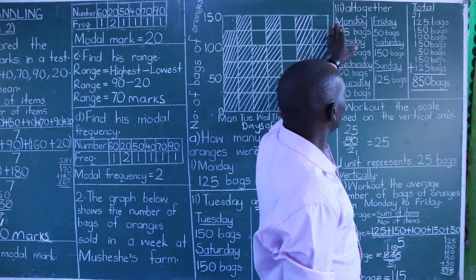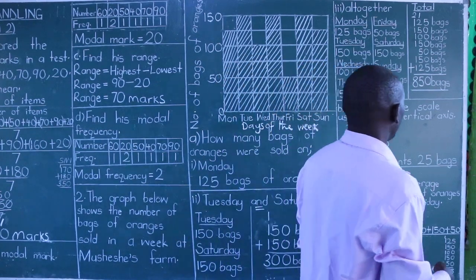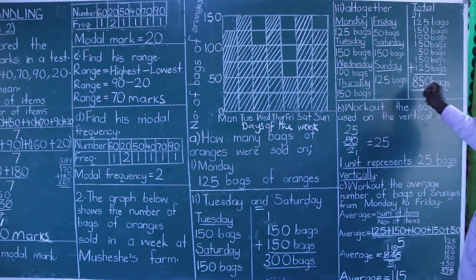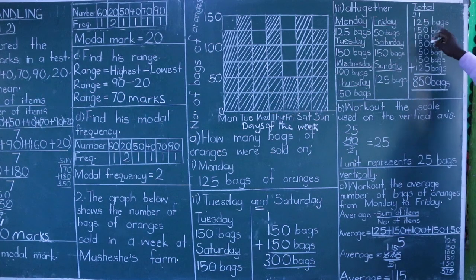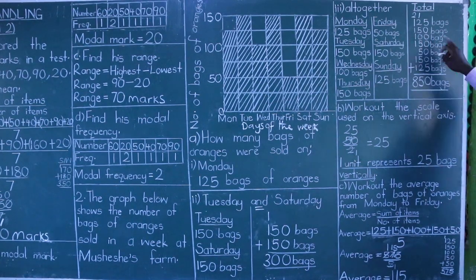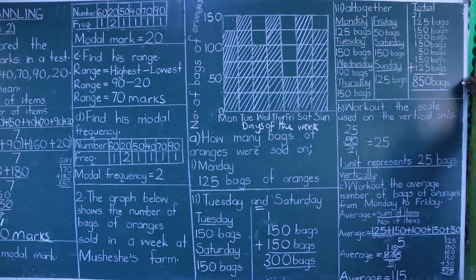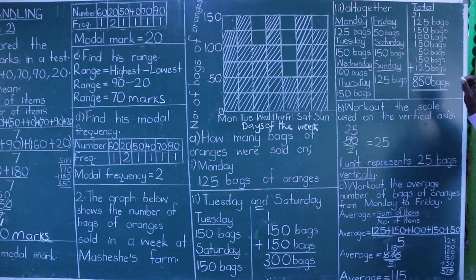So having written all of them here, then go total them up through adding them. 125 bags plus 150 bags plus 100 bags plus 150 bags plus 50 bags plus 150 bags plus 125 bags equals answer the bags. We add 5 plus 0 plus 0 plus 0 plus 0 plus 0 plus 5. You get 10.